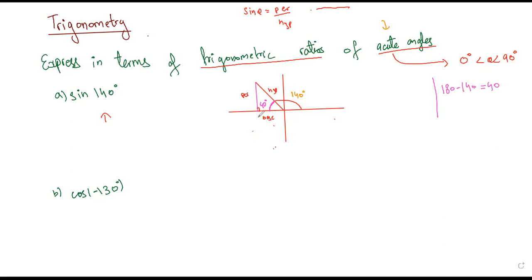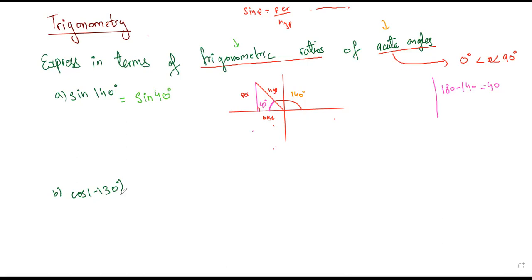Now, since we don't have perpendicular, hypotenuse, or base, so we will write down the answer this way, that sine 140 is basically equal to sine 40. We need to write it in terms of trigonometric ratio, so it would be sine and acute angle is 40, right? This would be the answer.